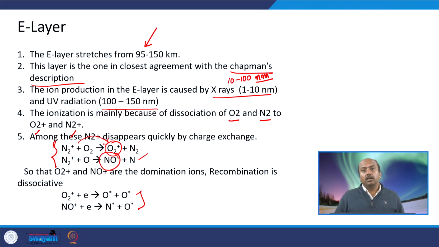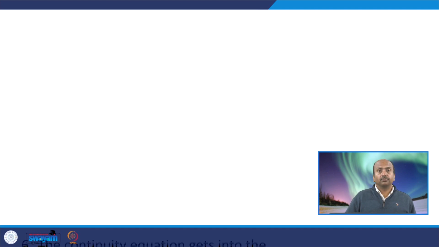Ionization is mainly of O2 and N2, which will immediately exchange the charge with available oxygen, producing two different types of molecular ions, one O2+ and another NO+. Because there is a lot of availability of molecular ions, the recombination process is dissociative. So, the dissociative recombination process will immediately remove or scavenge out the electron density.